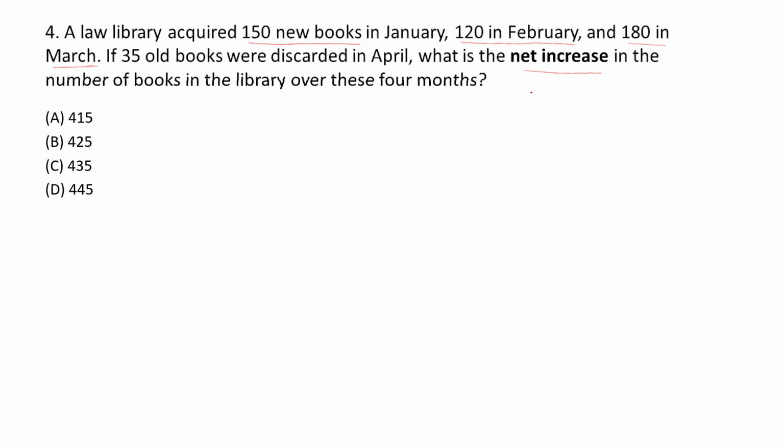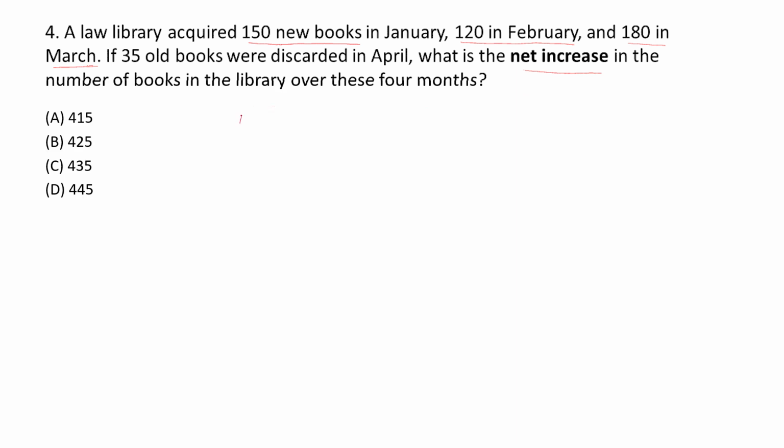So, again, if the problem is not clear, read it again. A law library acquired means new books have come into the library. 150 new books came in January, 120 in February, 180 in March. But 35 books were discarded in April. So the net increment in books in these 4 months will be: add them up and subtract these 35 books.